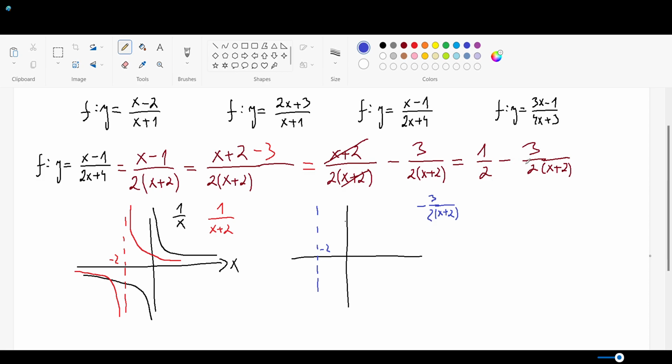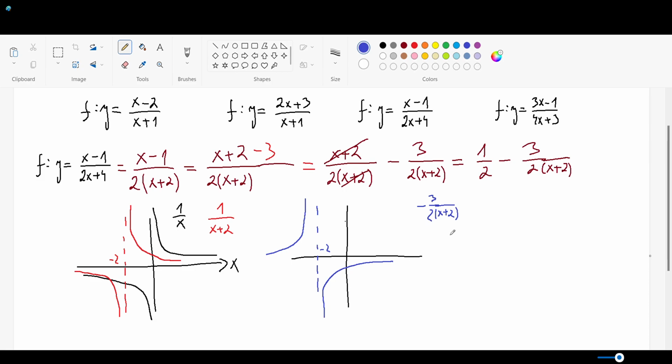The only thing which will change now is that the function will flip over the x-axis, and all the values will rise a little bit faster than they did before, which cannot be seen very well here, but you should keep this in mind.